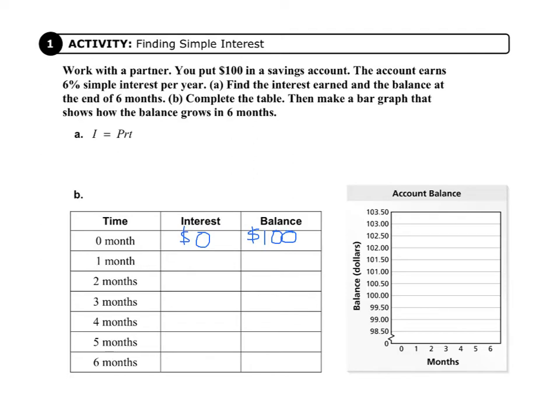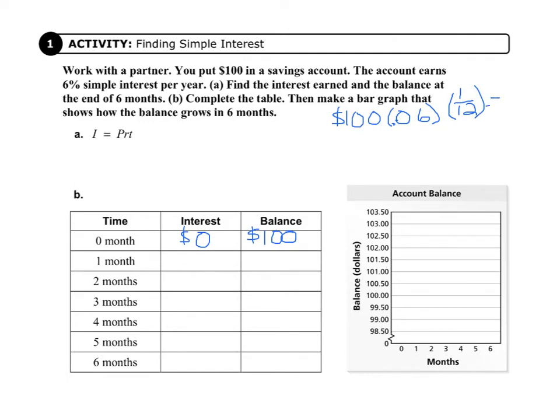And then after our money has been there for 1 month, we earn this amount of money. We have $100, and we multiply that, so that's our principal, times the rate, which is 6%, 0.06, so that's in decimal form, times the time, which is in years, so that's 1/12 of a year because it's 1 month, and there are 12 months in a year.